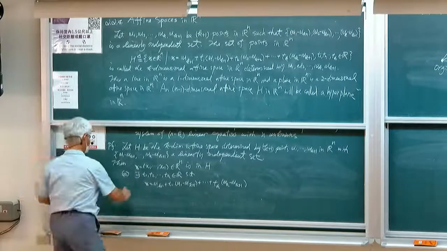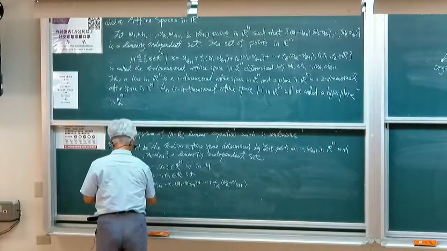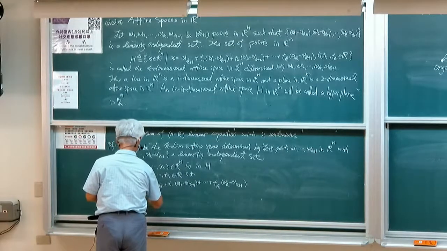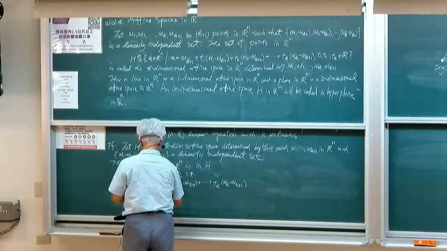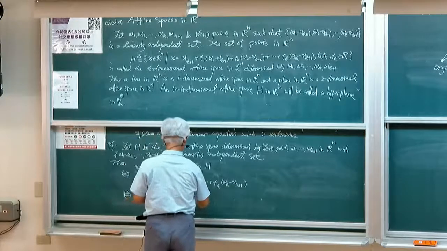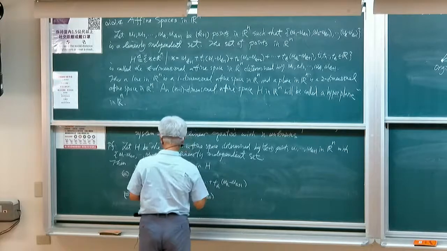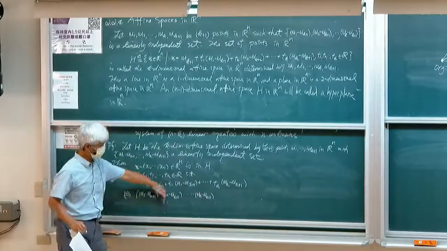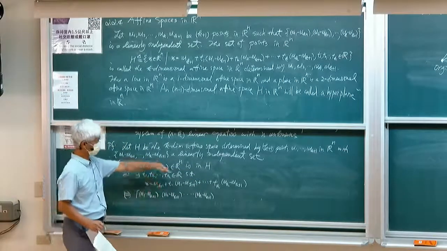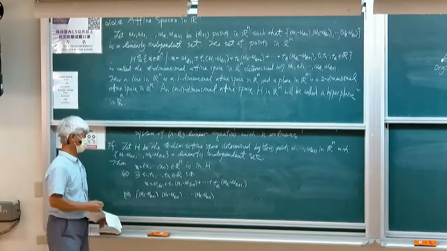Right. And so in terms of a linear system, we have each one as a column vector, and the dimension of the column vector is n.